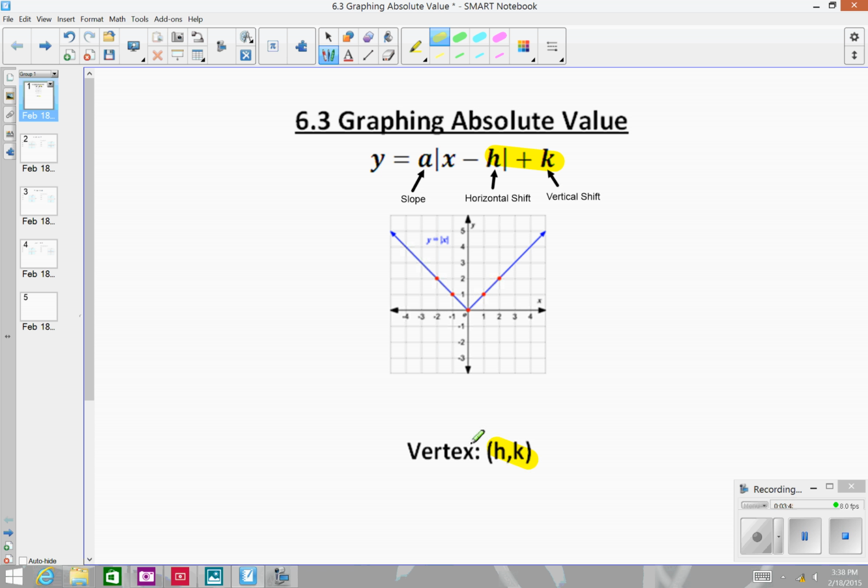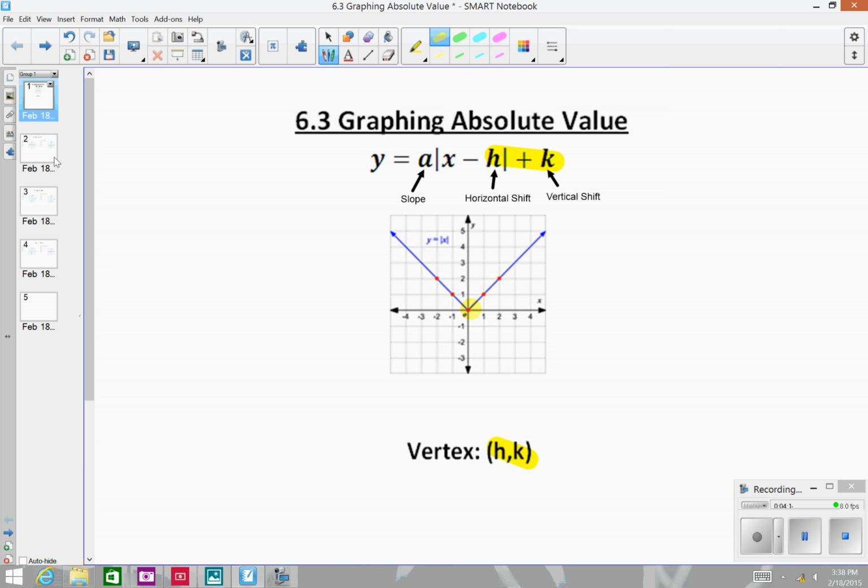Our vertex is always where our V comes to a V. It's either going to be a minimum point or a maximum point. In this case, this is a minimum point. This is how low our graph is going to go. Now, if it was flipped the opposite way, going up and down, we would say that there would be a maximum point.